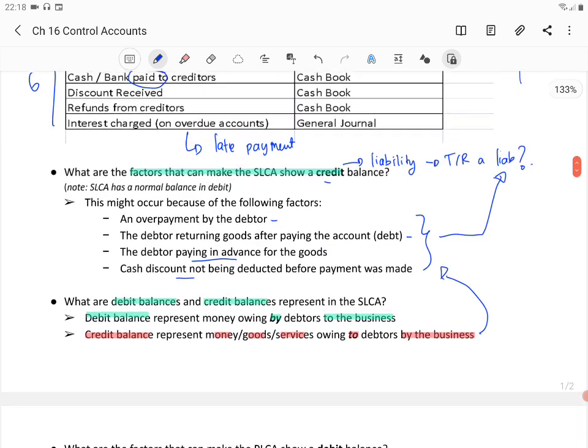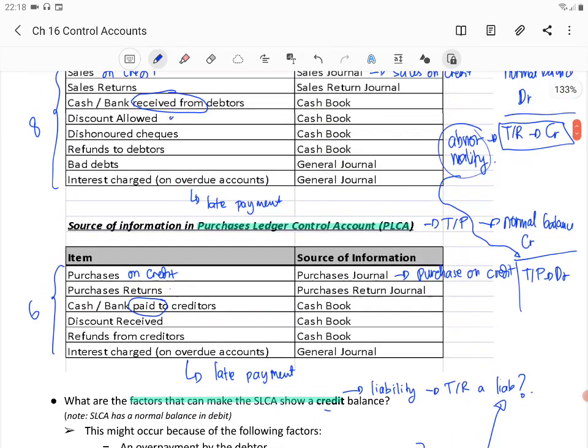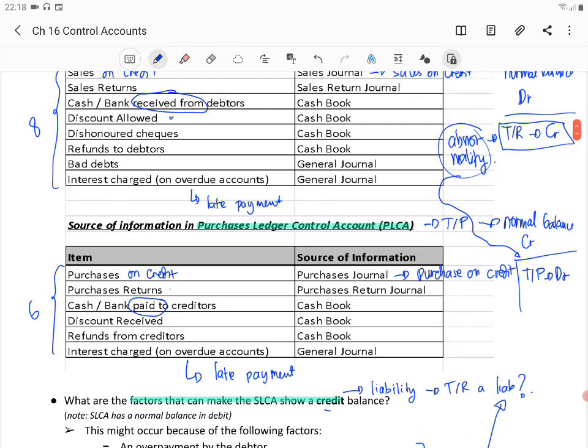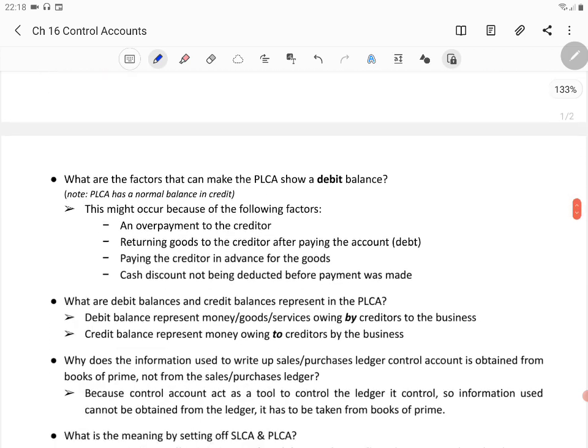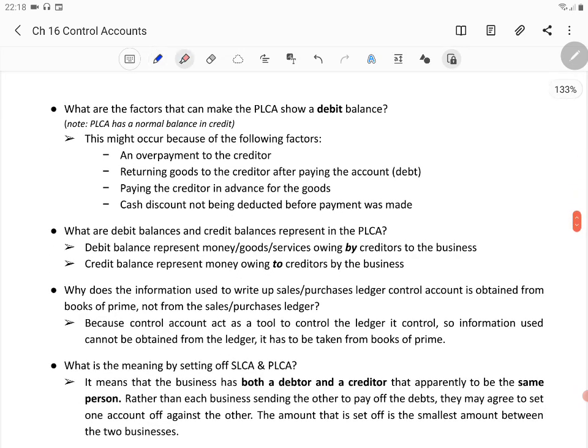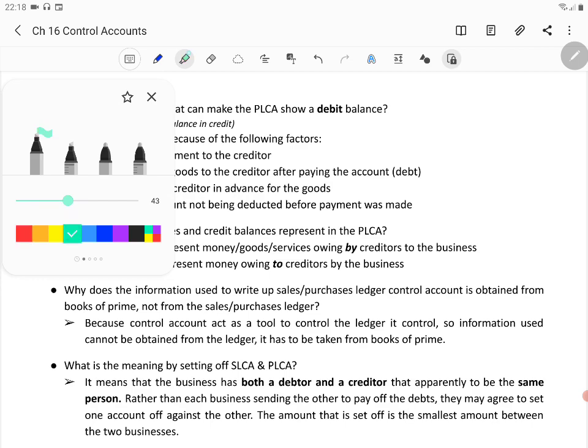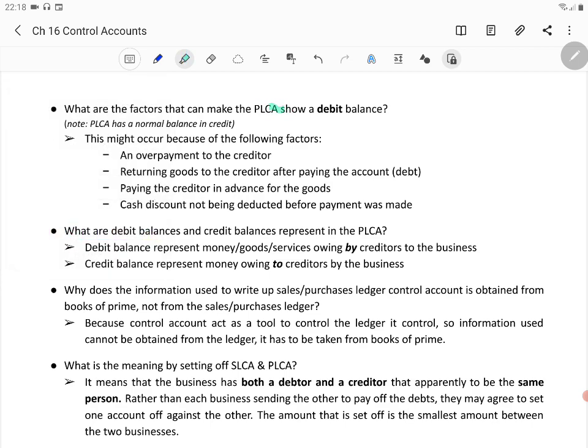Now, SLCA's normal balance is debit, while for PLCA the normal balance is credit. So what are the factors that can make the PLCA show a debit balance? Same as SLCA, this might occur because of the following factors.